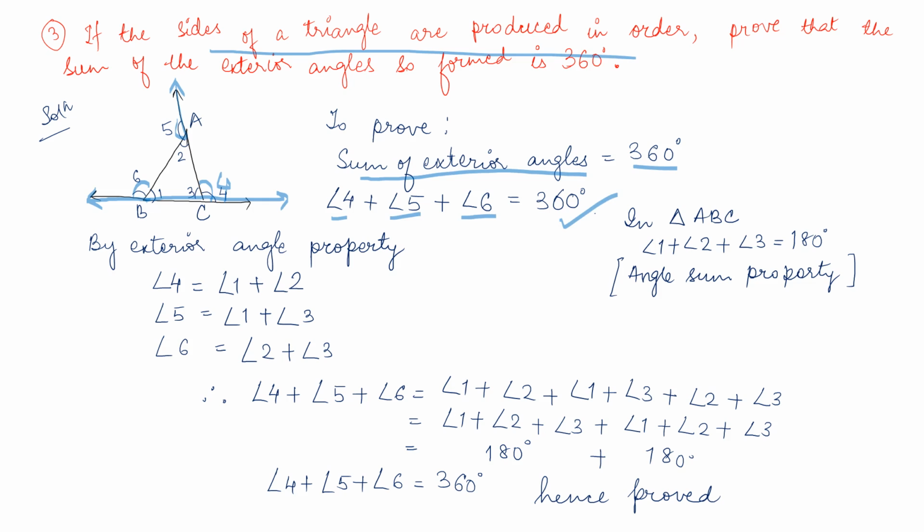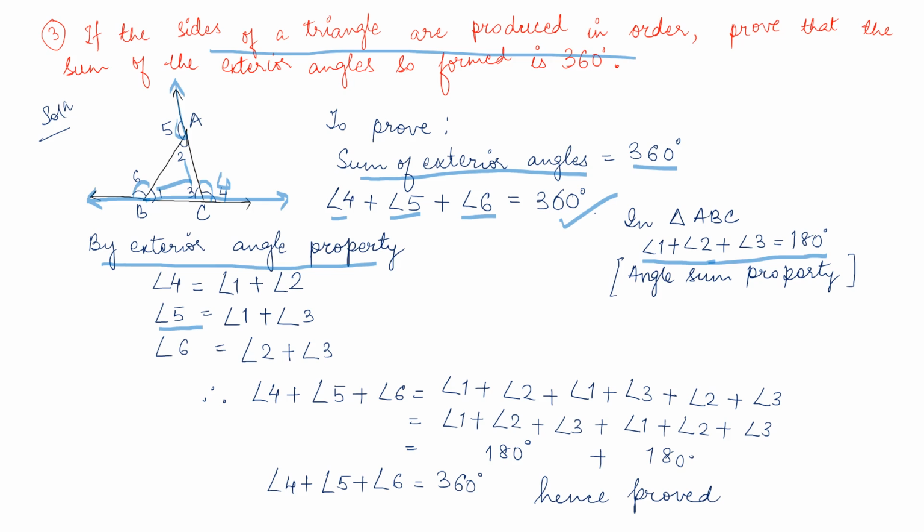So how will we proceed? First, you all know that for a given triangle, angle 1 plus angle 2 plus angle 3 is 180 degrees. That is the angle sum property. This is the basic concept you know. Now what will we do? We'll consider the exterior angle property which we studied. So angle 4 will be equal to angle 1 plus angle 2, isn't it? Because opposite to angle 4 are angles 1 and 2.